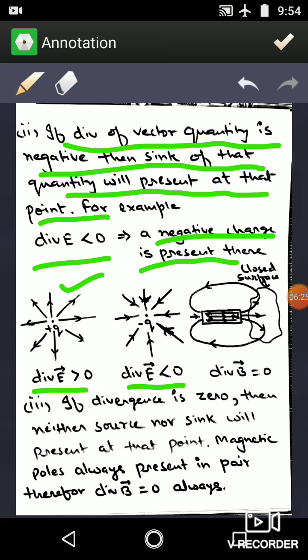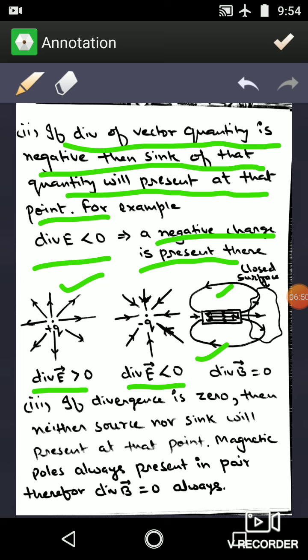Now let us consider magnetic field. Magnetic field lines are always closed curves. We all know that magnetic field lines are closed curves. Inside the magnet, field lines move from south to north pole, and outside the magnet, field lines move from north to south pole.